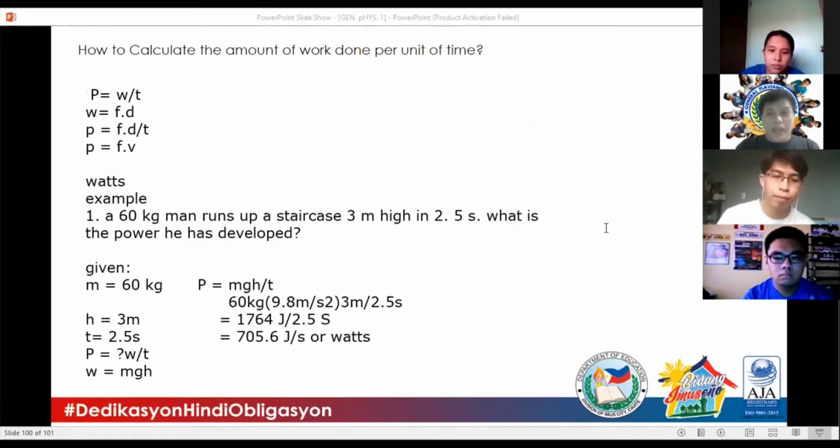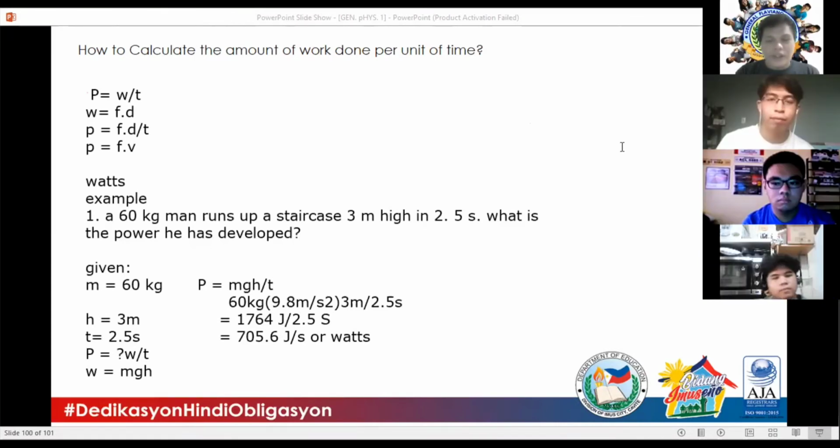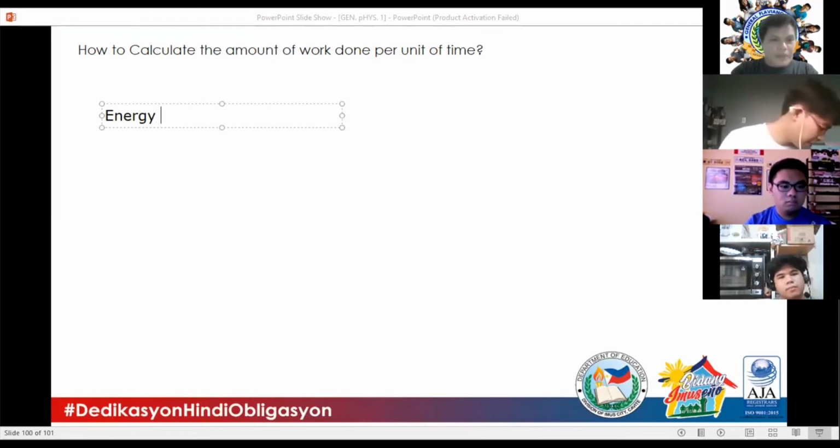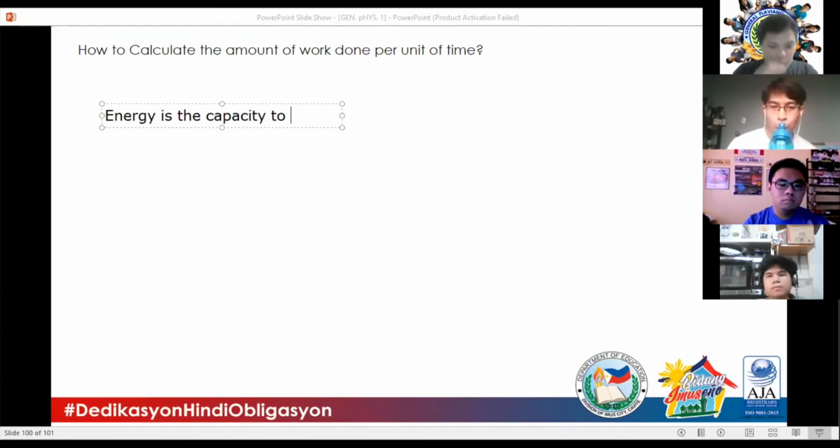Kailangan mo ng energy. So, in physics, when we say energy, it is defined as the capacity to do work. Energy is the capacity to do work.